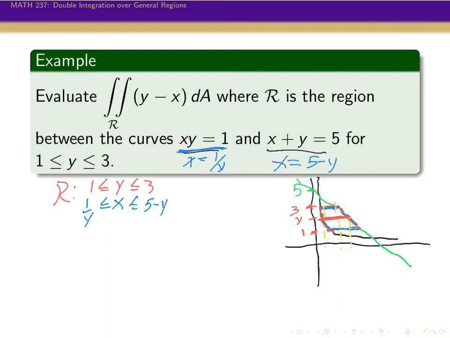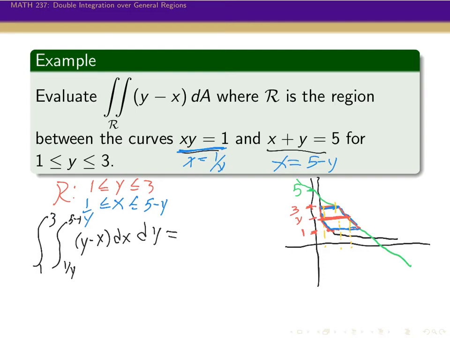And so then our integral is going to look like y minus x. We're going horizontally, and so we're integrating the x's first. My bounds are functions of y. And then after that, we're integrating in terms of y from 1 to 3.